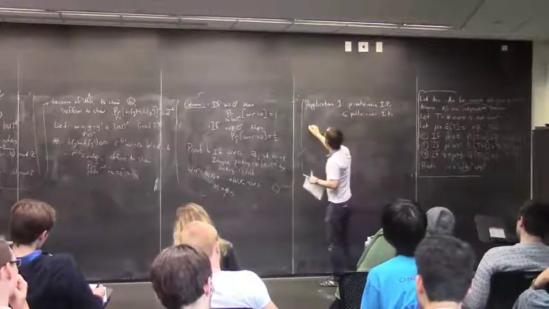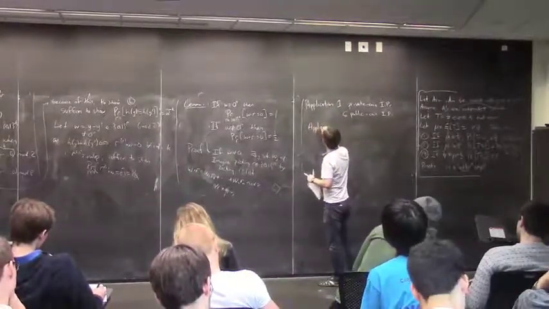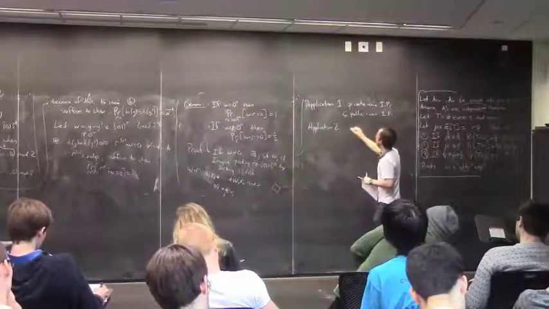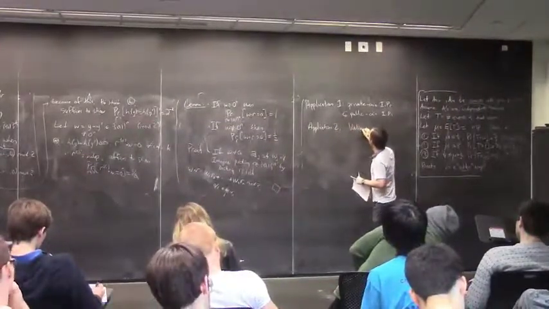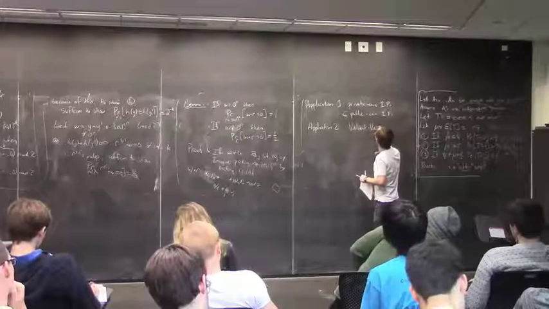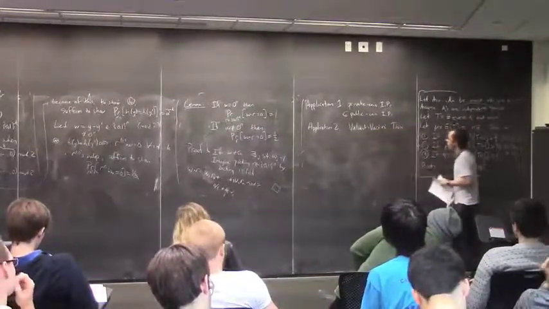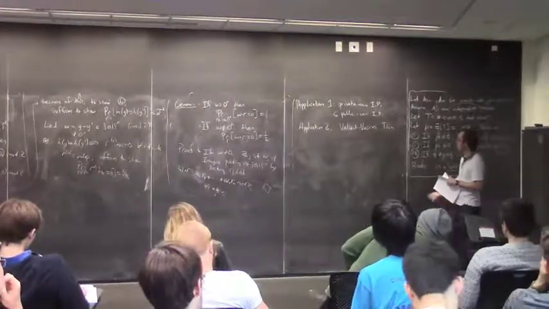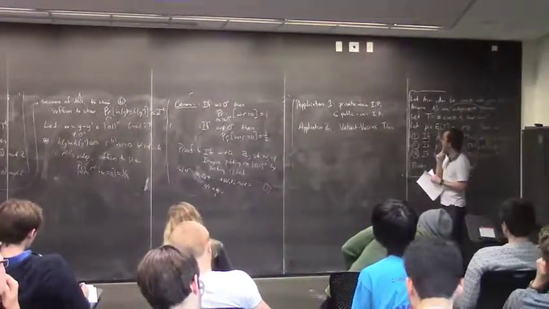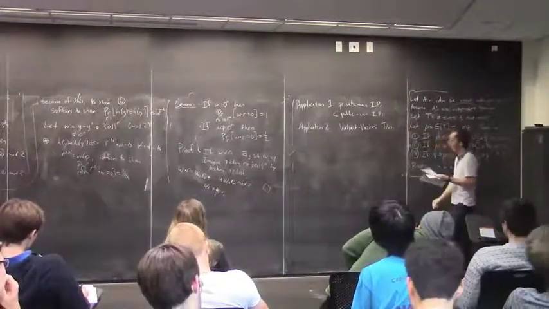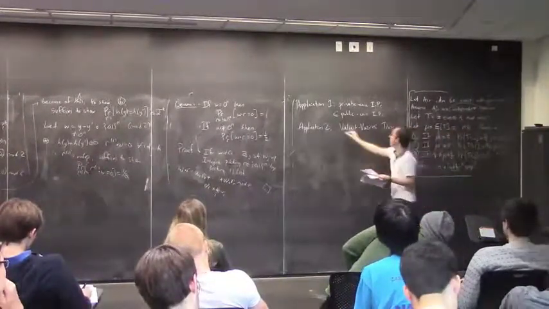Application 2, which we'll definitely see, is a basic and important theorem in complexity theory, the Valiant-Vazirani theorem. Actually, there are multiple complexity theorists called Valiant and multiple called Vazirani. This one is Vijay, I think. It's a famous theorem.